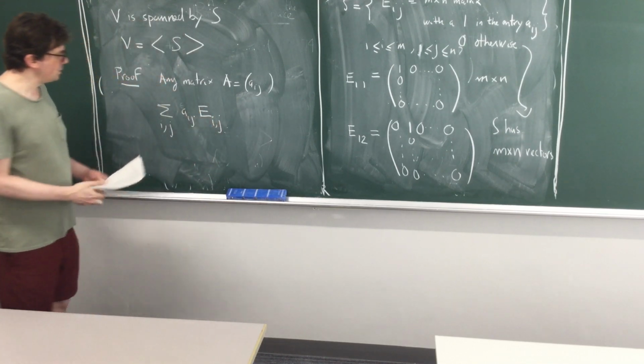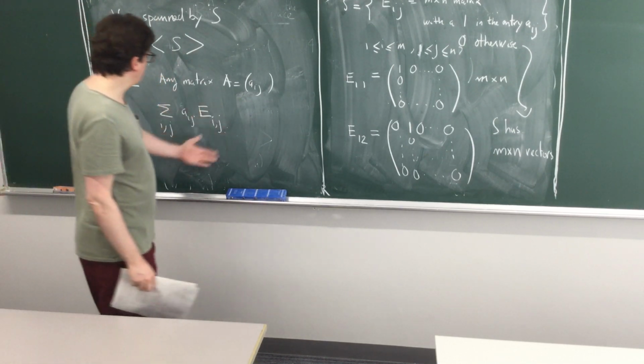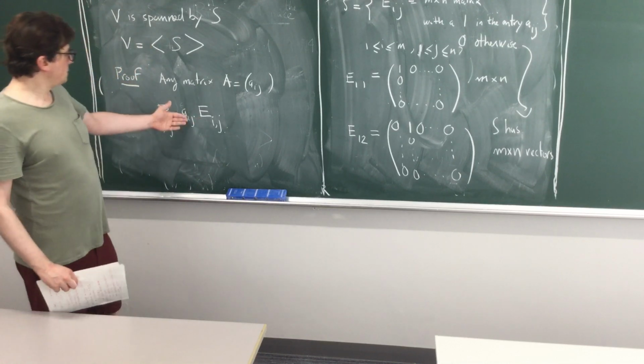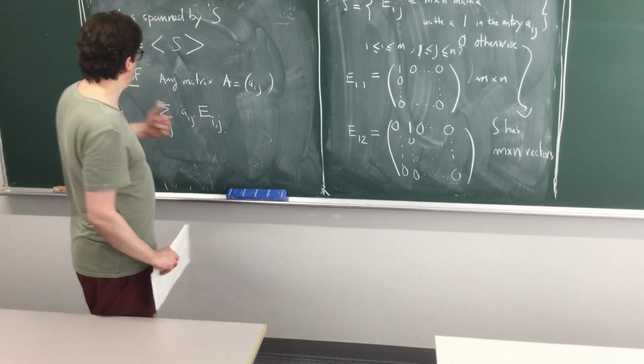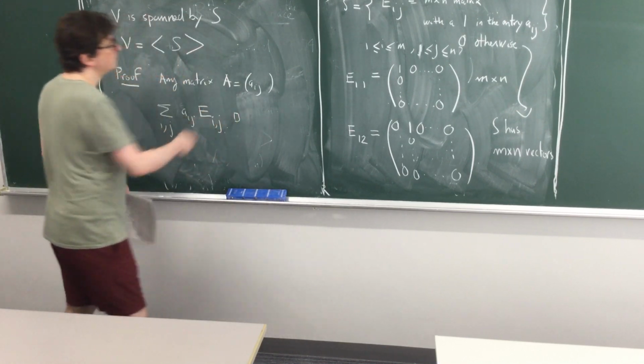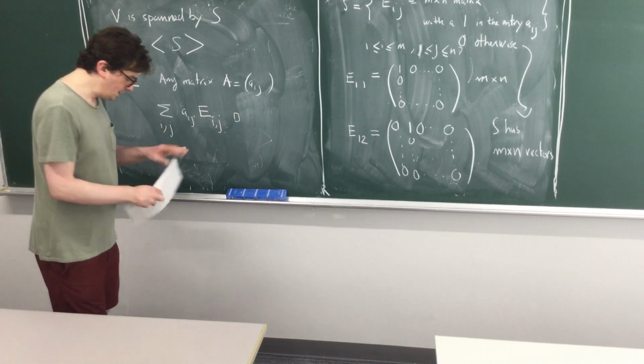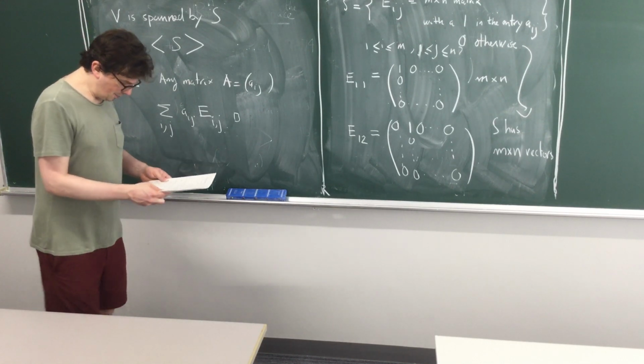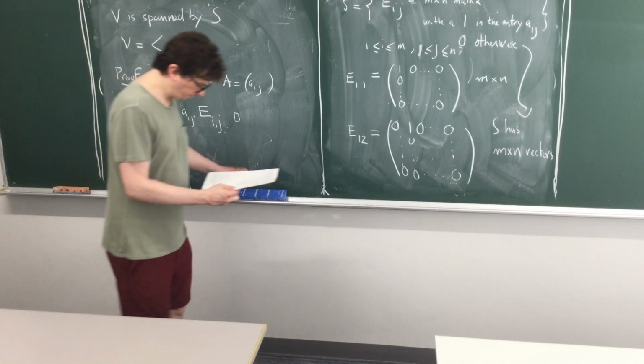So it's a linear combination, a sum of vectors of the form a scalar times one of the vectors of S. Okay, so this is another example where V is spanned by a set of vectors.